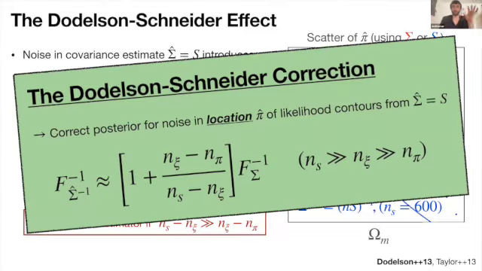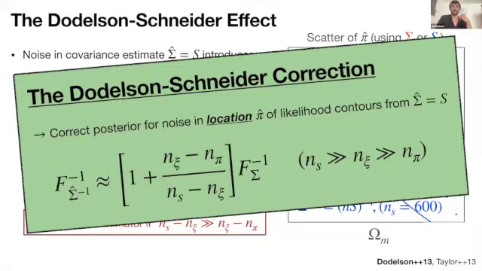So, if you remember just one thing for today, let it be this Dodelson-Schneider correction, which corrects your posterior for the noise in the location of your posterior contours due to the noise in your data covariance. They just have a very simple derivation here for Gaussian linear models.